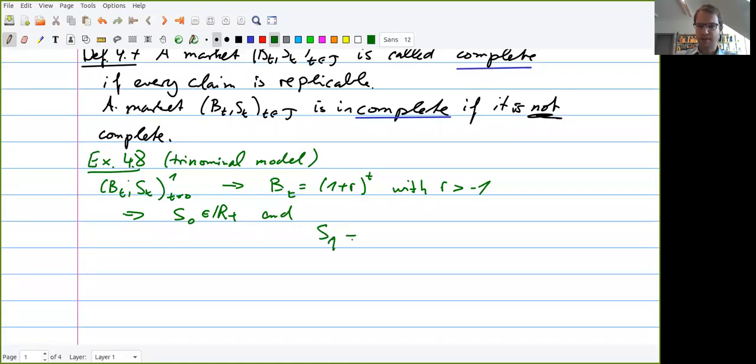S_1, the price at time 1, depends on the future outcome. Let me draw the picture, that's easier.